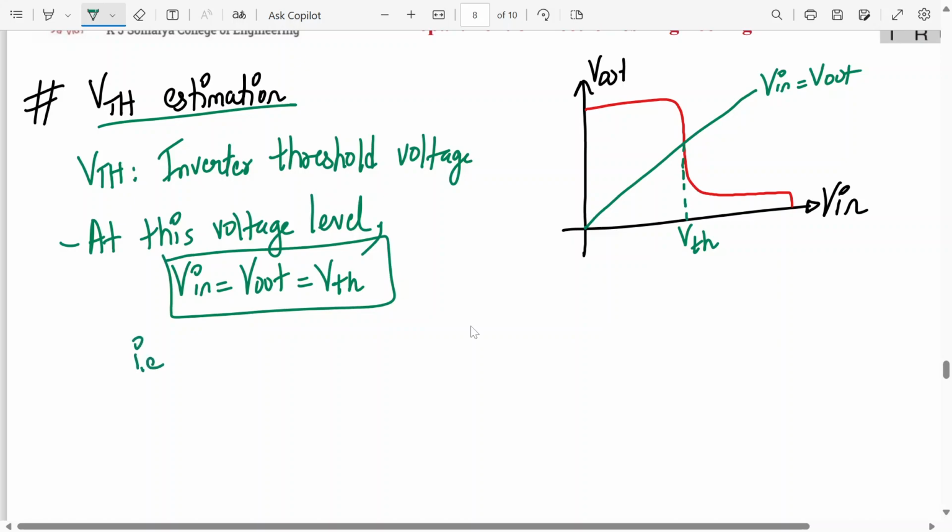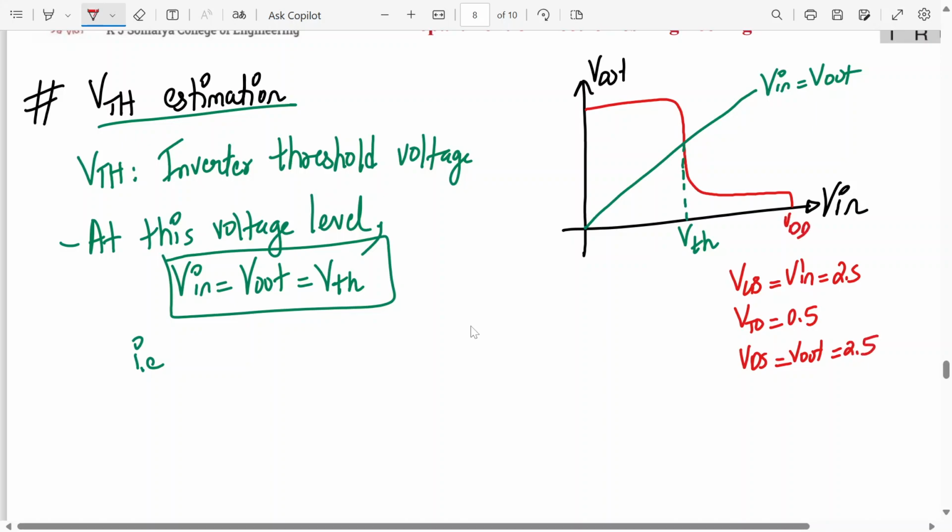Let's take some numbers. Let's say VGS, which is equal to Vin, is 2.5 and VTO is 0.5. Output VDS is equal to V out at 2.5. Let's say this is VDD, so this is exactly in the middle.